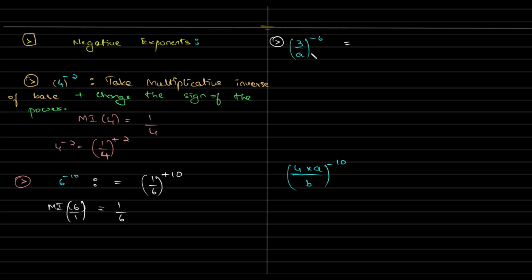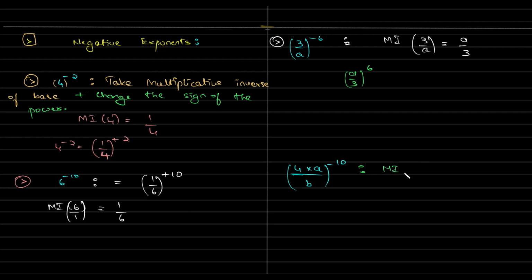So next question is 3 by 8 to the power of minus 6. First step is find the multiplicative inverse of 3 by 8. What is it? Simple, 8 by 3. Next step, I just have to write 8 by 3 whole to the power of, change the sign, 6. Quite simple.